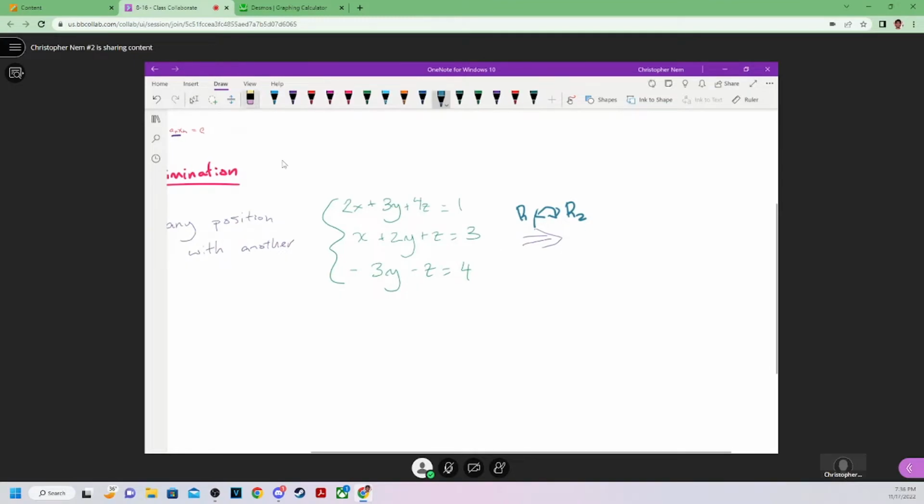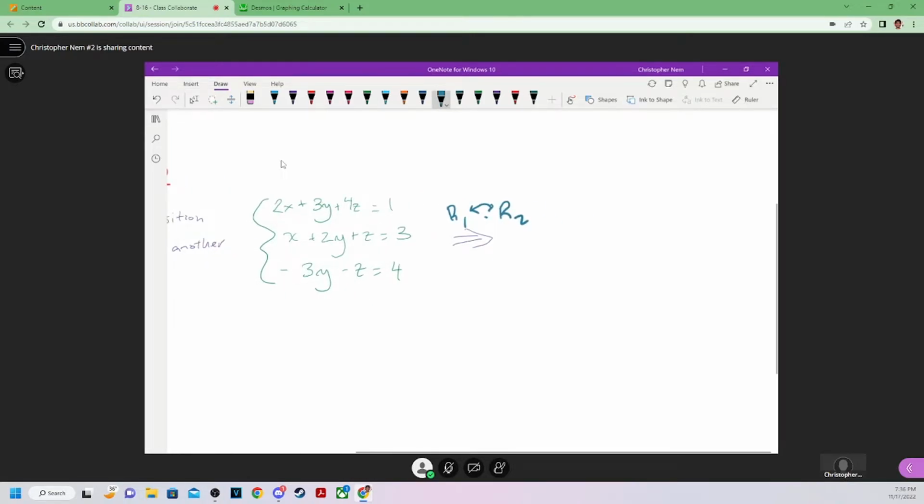That symbol means swap. So let me fix that up so you guys can see clearly. And then what happens is I get a new system, but it's still equivalent to the original system. So my system becomes x plus 2y plus z equals 3, and 2x plus 3y plus 4z equals 1, and negative 3y minus z equals 4.